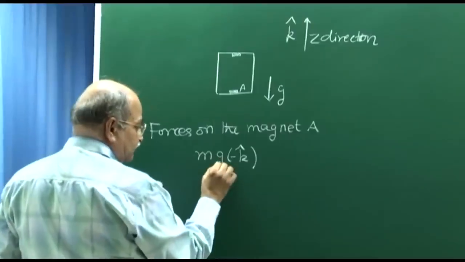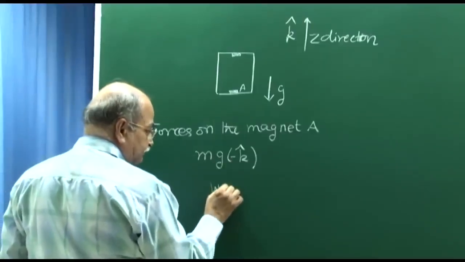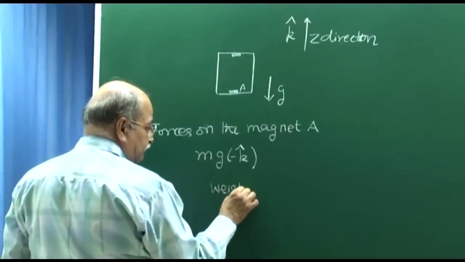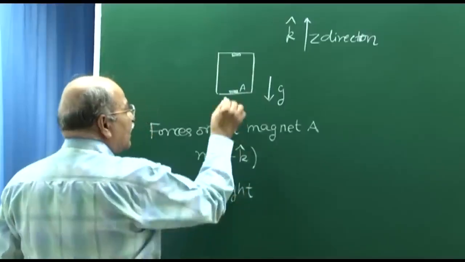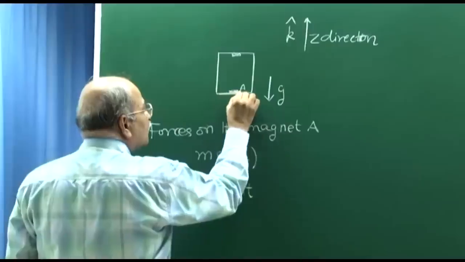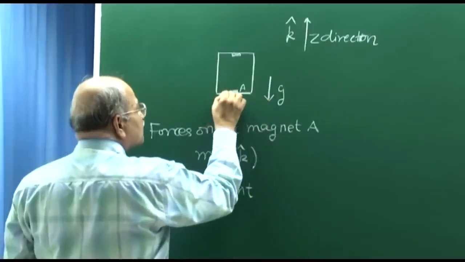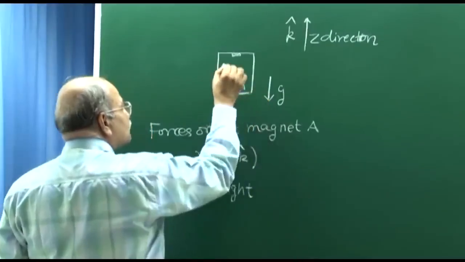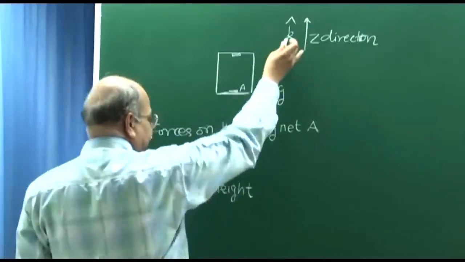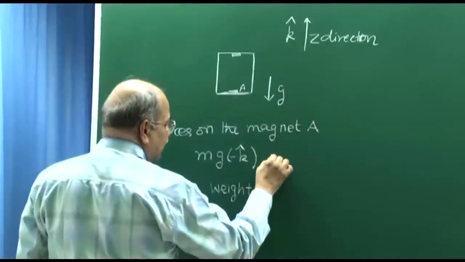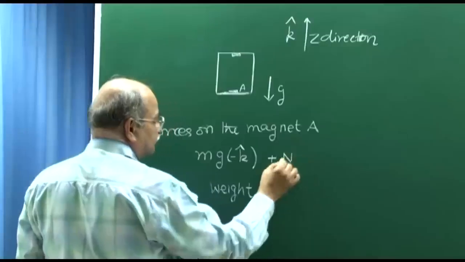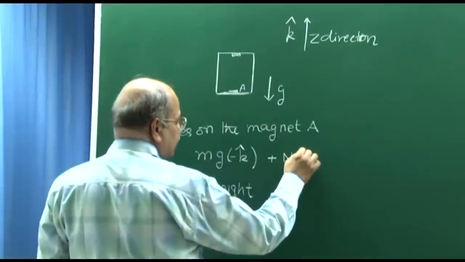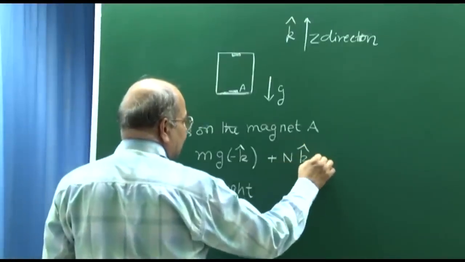This is the weight. Then I have normal reaction force from this bottom, that force will be in upward direction. So, you can write that as N, and this is in upward direction.